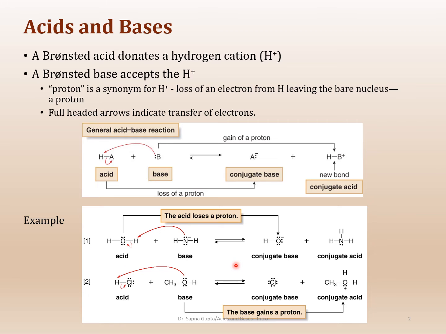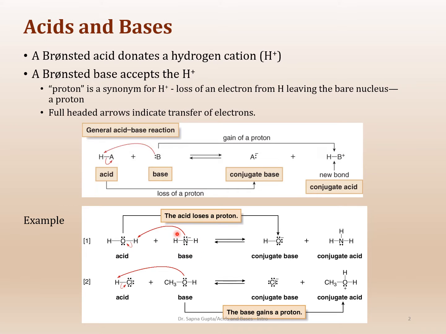So here are some examples with the true acid and base. For example, here amide, NH2 minus, is the base, and the acid is the water. NH2 minus picks up a proton from water. The proton leaves, and remember, when the proton leaves, it leaves its electrons behind right here on the oxygen.